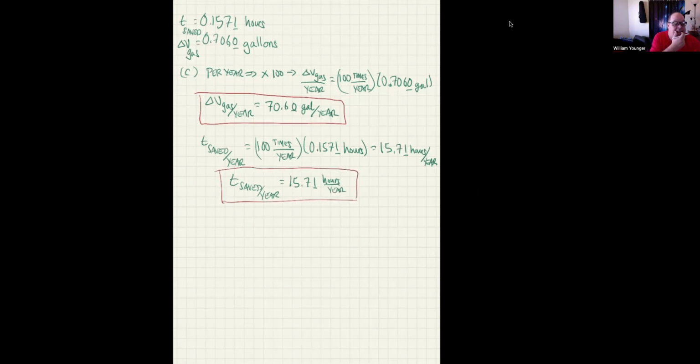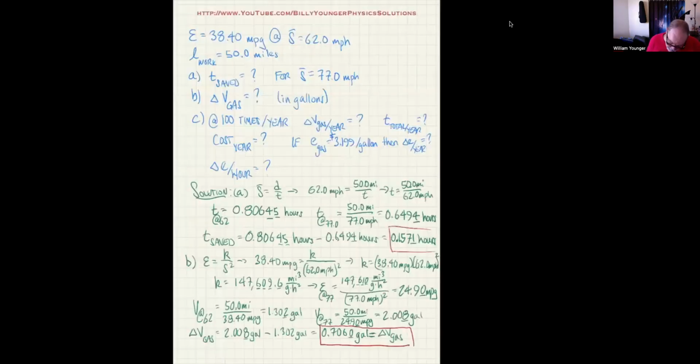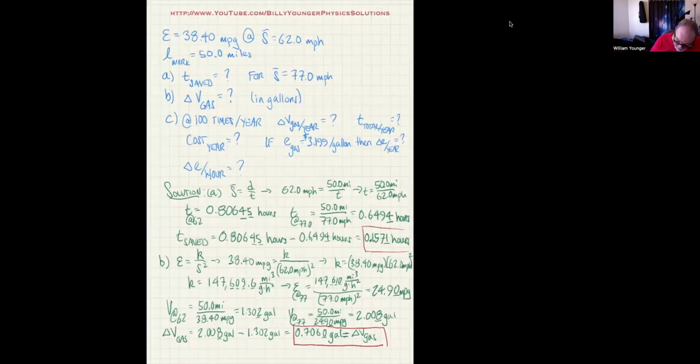Now it says if gas costs $3.199 per gallon, how much did the extra gas cost you? So what I called that before was the expense E for gas.